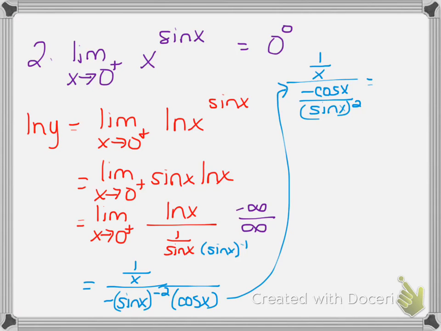It's the same as 1 over x times, and flip it. So that makes x times sine of x squared over negative cosine of x. You know what? That x is not on the top. That is on the bottom with the cosine, because it's 1 over x. Alright, when I plug in 0, I do get 0 over 0 now. So guess what? We get to do L'Hopital's rule again. Yippee!